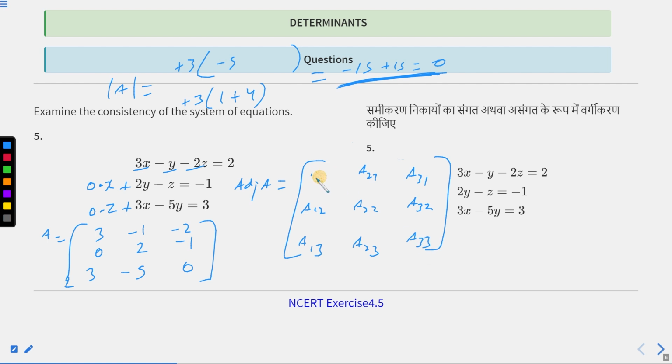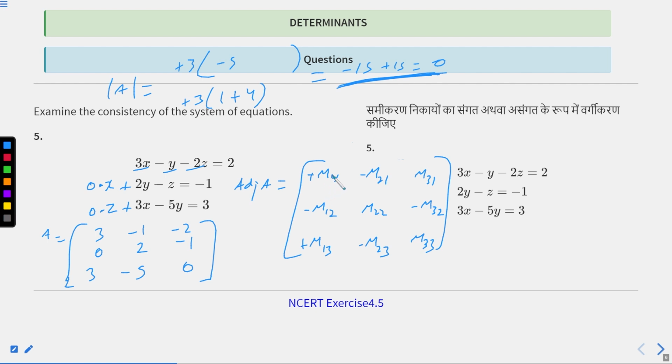A11 is plus M11, minus M12, plus M13, minus M21, M22, M23, M31, M32, M33. As you can see, the signs alternate: plus minus plus, minus plus minus, plus minus plus. You can observe that along any row or any column.